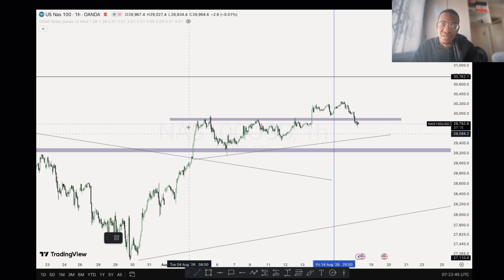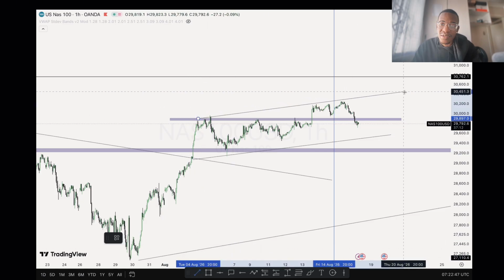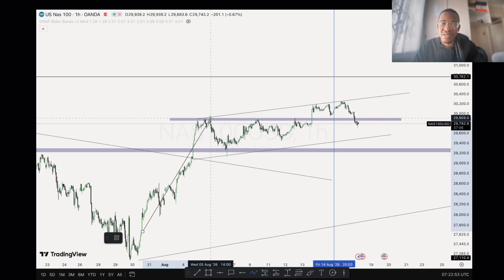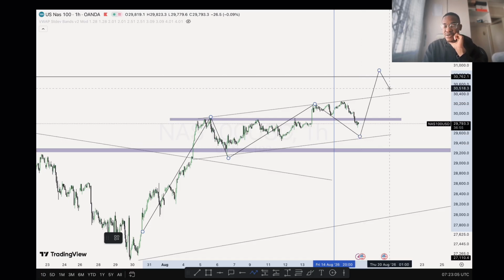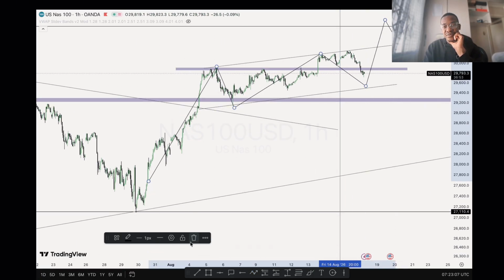Okay, here it is. If I draw my trend like this, you can see that the market is still on a bullish market. The market gave us a higher high, higher low, higher high. It might be the case that the market just wants to give us the higher low so that it can push furthermore to the upside.